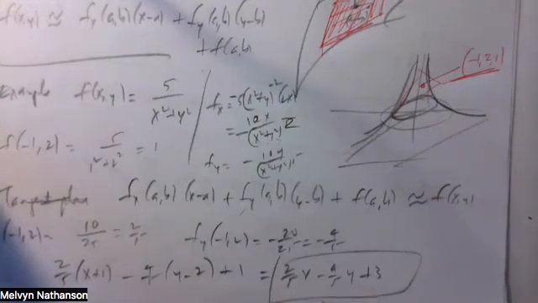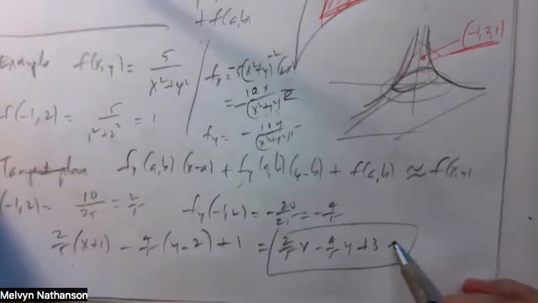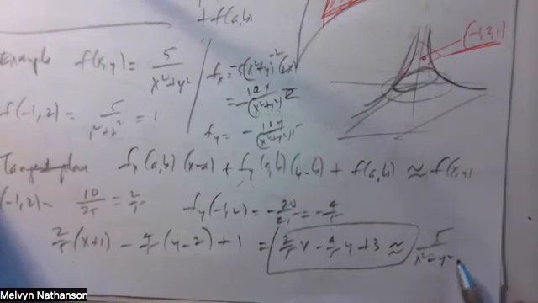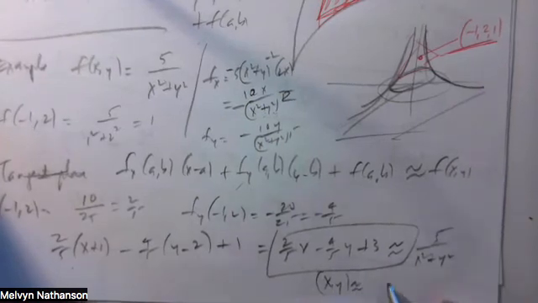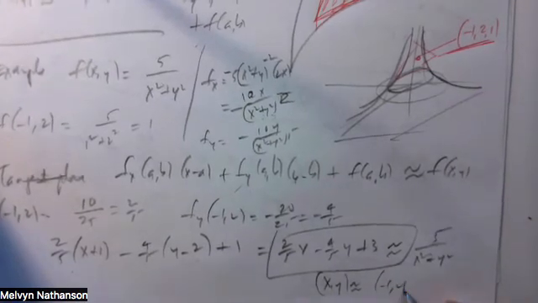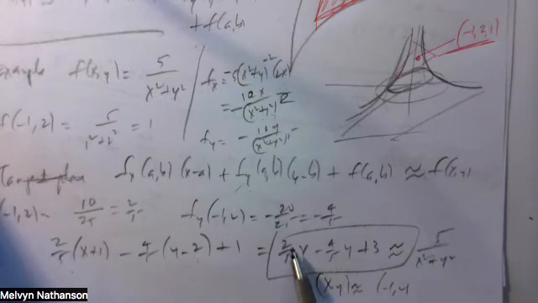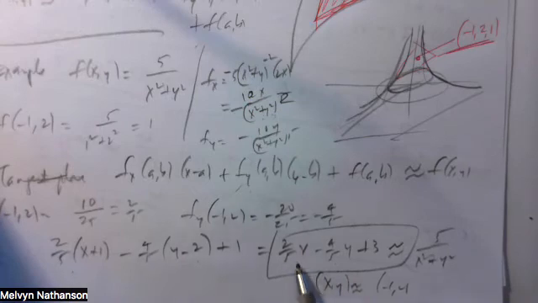So this is my linear approximation. This is approximately equal to 5 over x squared plus y squared for x, y close to the point minus 1, 2. This is really quite a beautiful and remarkable way to analyze functions, because this is rather complicated. This is much simpler because everything is just linear in x and y. And this is my linear approximation to the function.